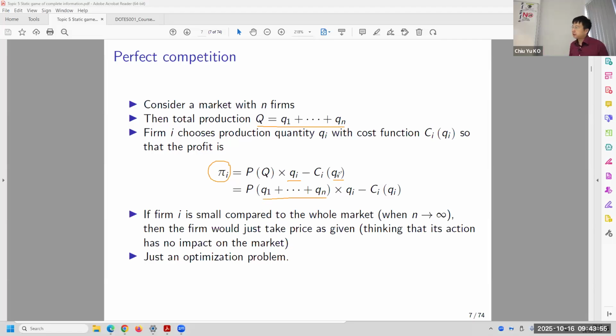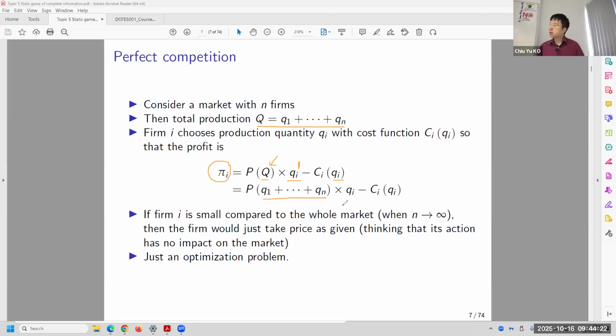But the thing is that each firm would take the other firms' production, the industry production, as a constant, and it is not moving the industry output. So if you maximize thinking big Q is a constant, no matter what it changes, q_i has no impact on Q.